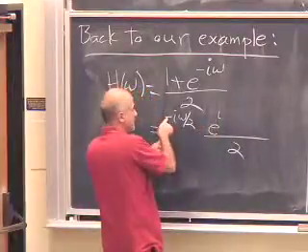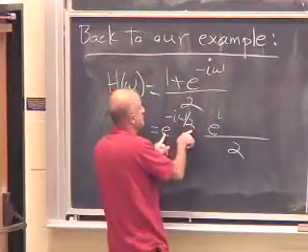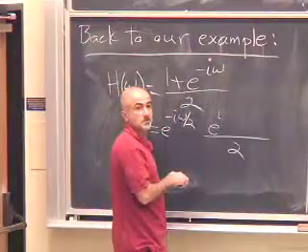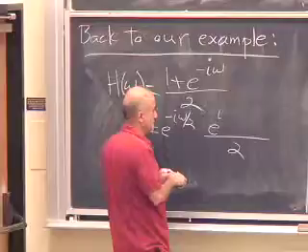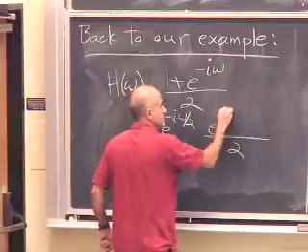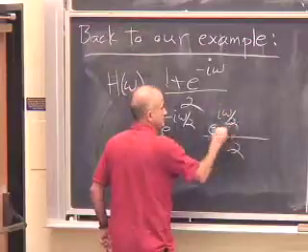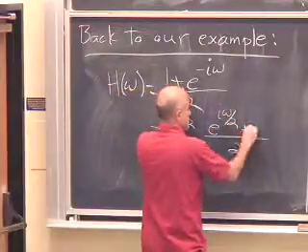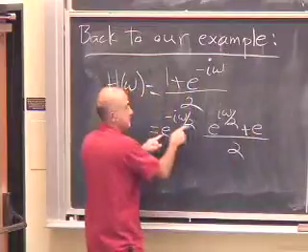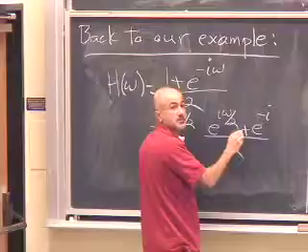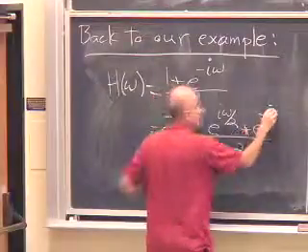What do I have to multiply e to the minus I omega over 2 with to get a 1? Over 2. So when I multiply these two, I get 1. Then the second term, omega over 2.